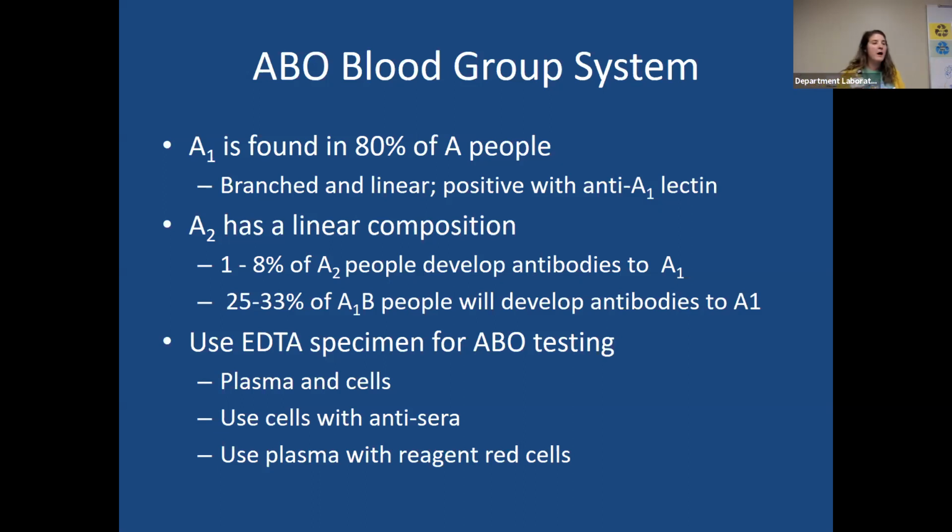All right, and let's think about our ABO testing. Think about when somebody says forward typing, you are using patient red cells. And that's where your antigen is, okay? Forward typing: patient red cells mixed with commercial antisera. That commercial antisera is your antibody, all right? If somebody says reverse typing or back typing, that is patient plasma.